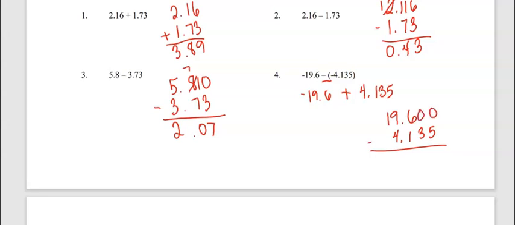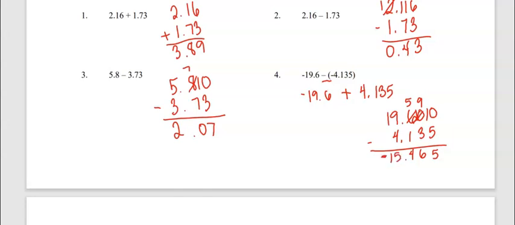We have to fill in 2 place value holders here. So we're going to take 19 6/10 and we're going to subtract 4 135 thousandths. So I borrow from the 6 to get 5, gives me 10 here. I borrow from the 10 to get 9, gives me 10 here. 10 minus 5 is 5. 9 minus 3 is 6. 5 minus 1 is 4. 19 minus 4 is 15.